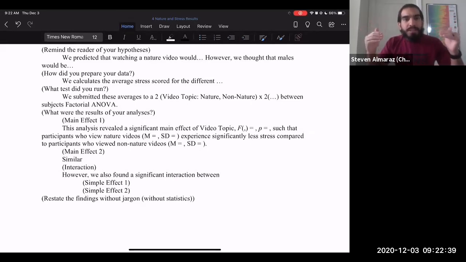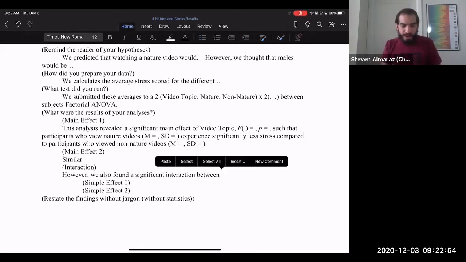But actually, the participant's sex matters to how the video affects them, all right? Both of these variables interact with each other. So there's a significant interaction between participant sex and video topic.